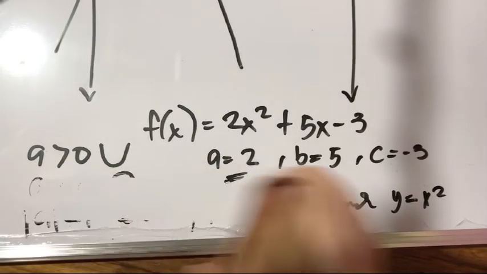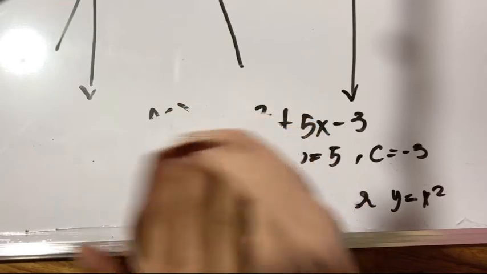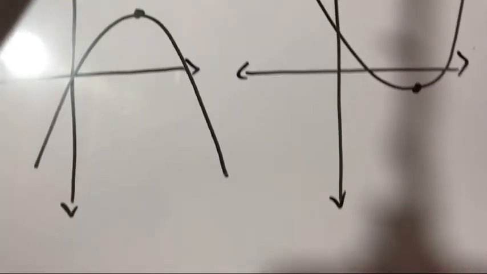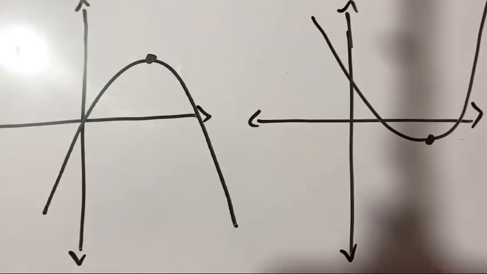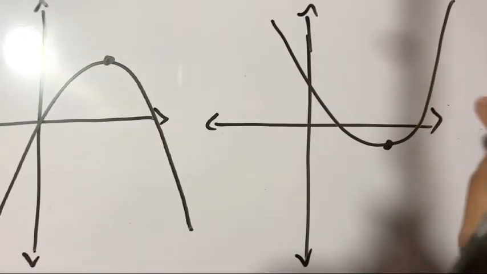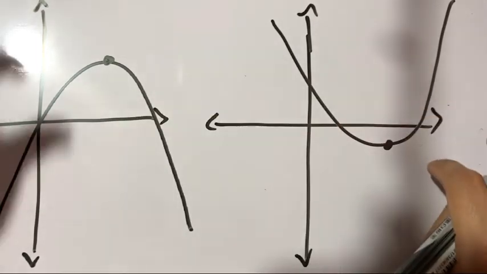So now we will identify the parts of the parabola, or the things that you must consider in graphing the parabola or the graph of the quadratic function. The first graph opens downward. The second one opens upward. The common thing here are the vertices.